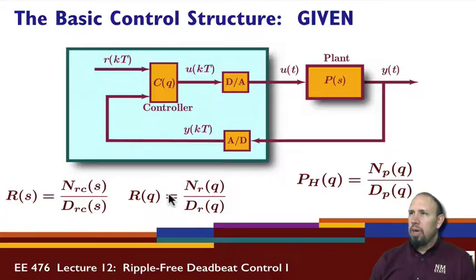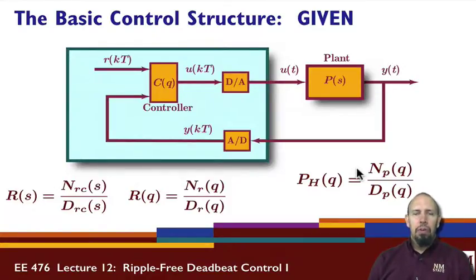You obtain this by taking the inverse Laplace transform of this, sampling, and then taking the q transform. And so this model we've obtained either by first principles, getting the transfer function in continuous time and taking the H transform, or else obtaining this directly through system identification. So now we have a system.